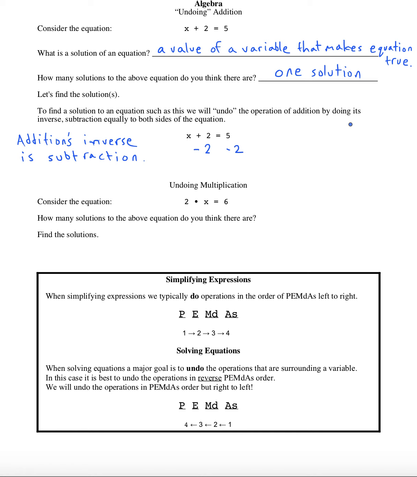That way the two changes will cancel out. And what we'll see is that x plus 2 minus 2 actually leaves us with just x on this side. And then we can do 5 minus 2 on the other side to reveal the solution to the equation.